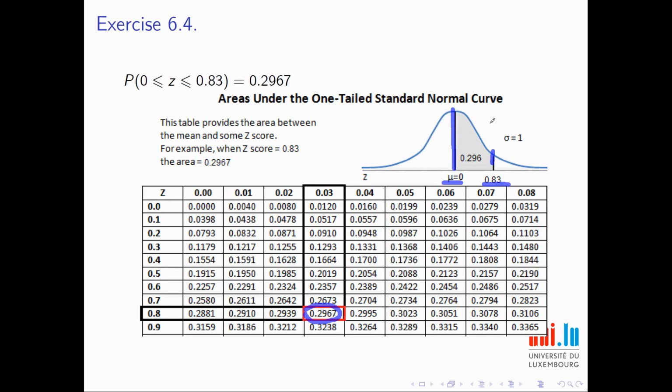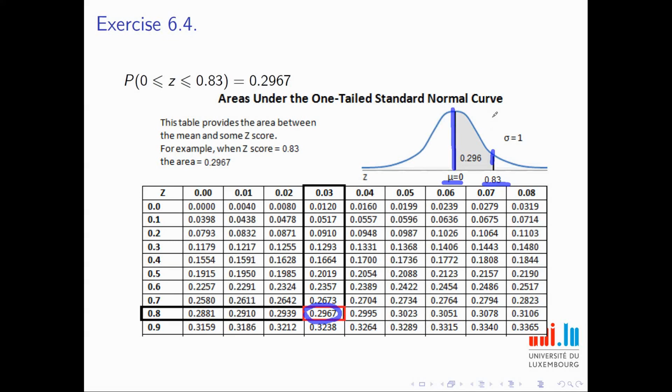So be sure, if you have a two-tailed standard normal curve table, it means that the resulting number is given for the interval from minus infinity to your quantile. I will show you further how to use the two-tailed table.